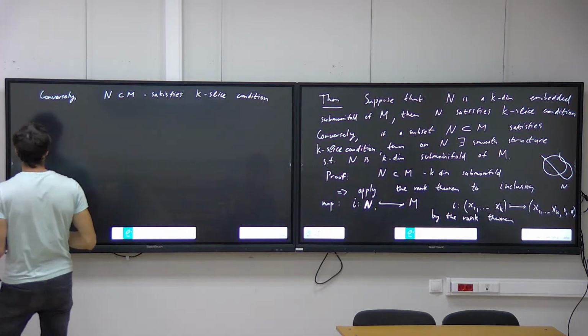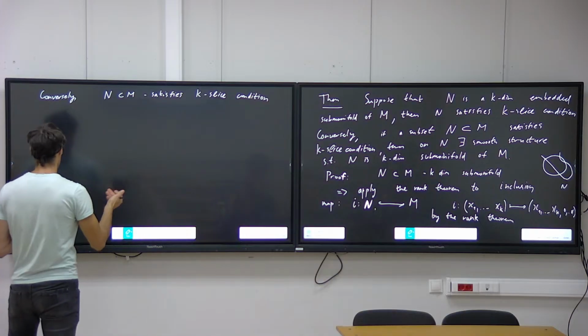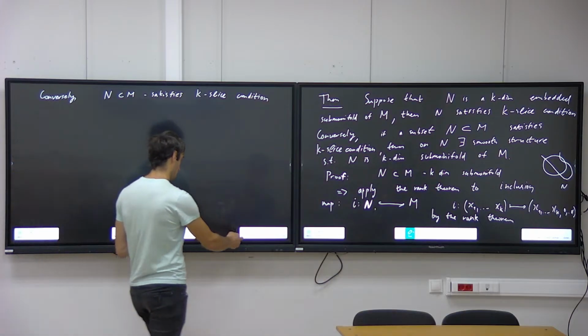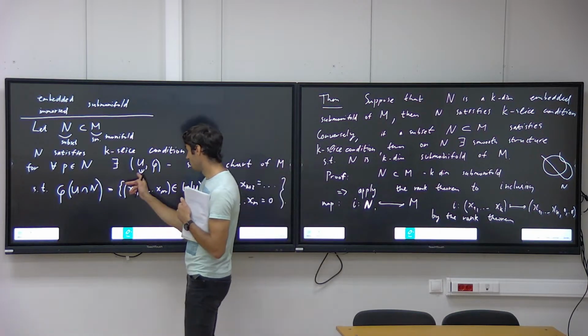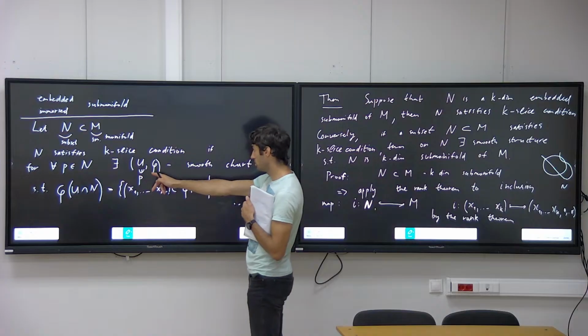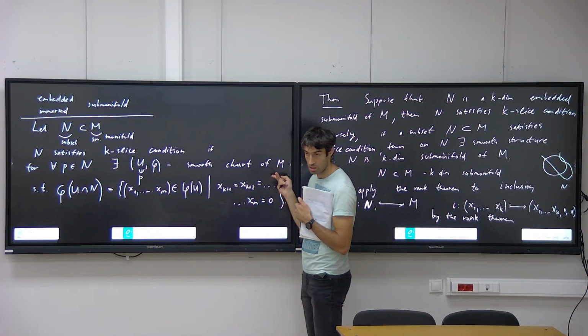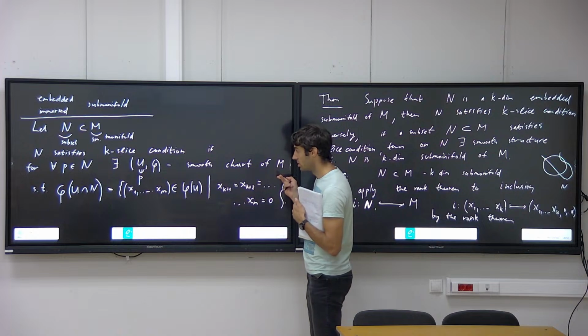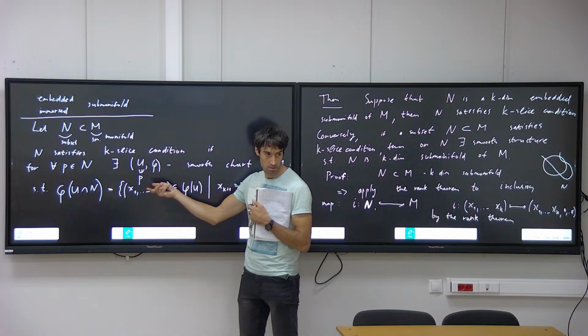Then I just have these things that I had on this board, right? So at each point p, I have this smooth chart of M. So I just define an atlas using these charts, right?